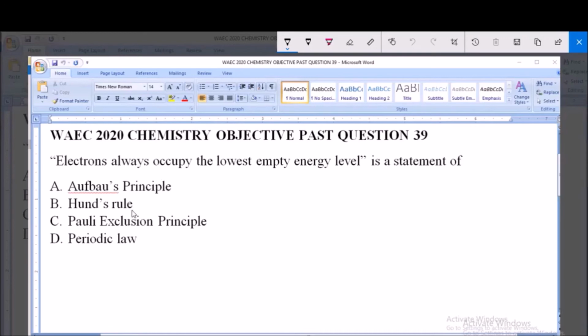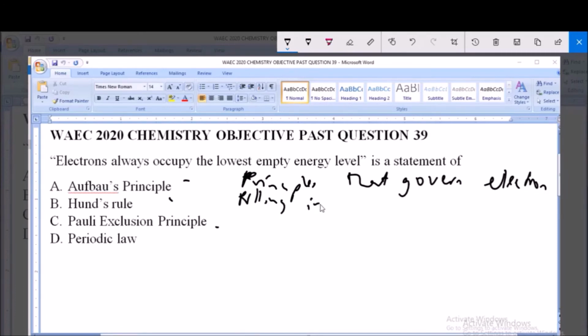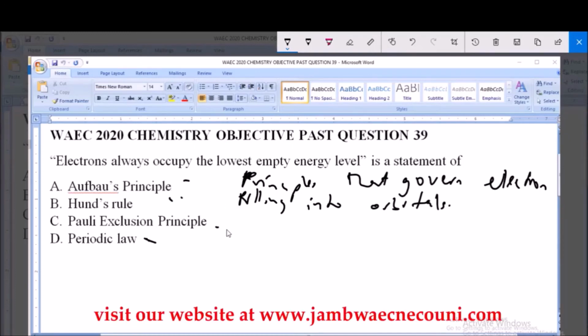So we have four laws or principles amongst the options, and three of them, A, B, and C, are rules or principles that govern electron filling into orbitals, while the fourth one, the periodic law, has to do with the periodic table of elements. So let's look at what each of the laws stands for.